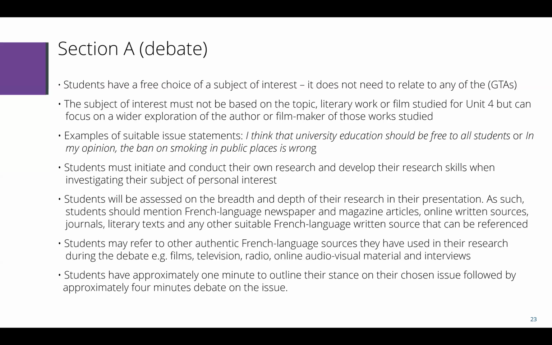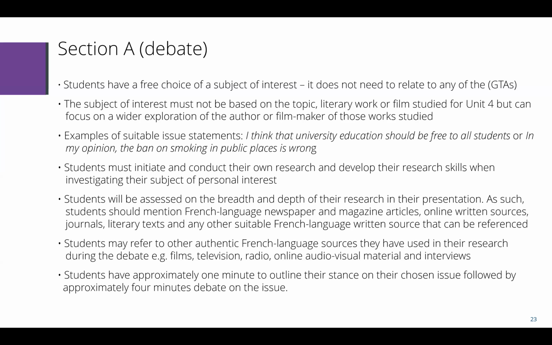But for the introduction, where they're stating what the issue is and why that is their issue, they must have some written sources that they can reference.